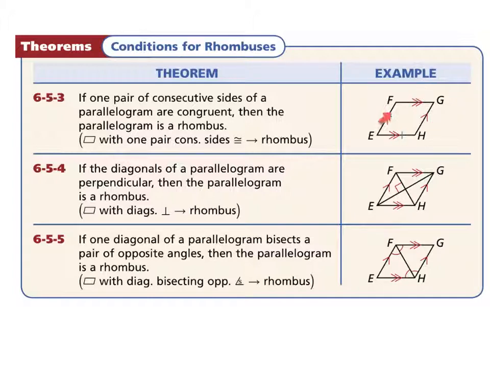So notice here that two consecutive sides are congruent, therefore it's a rhombus. If the diagonals of a parallelogram are perpendicular, then it's a rhombus. And if one diagonal of a parallelogram bisects a pair of opposite angles, then it's a rhombus. So all three of these ways would prove that a parallelogram, not a quadrilateral, a parallelogram is a rhombus.